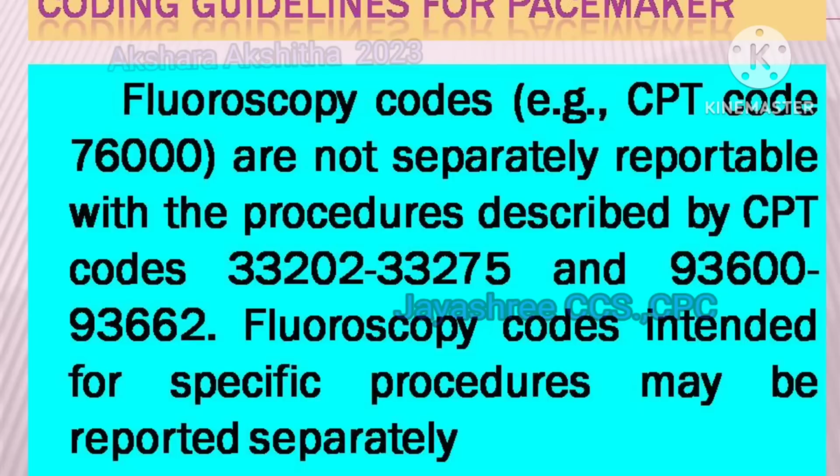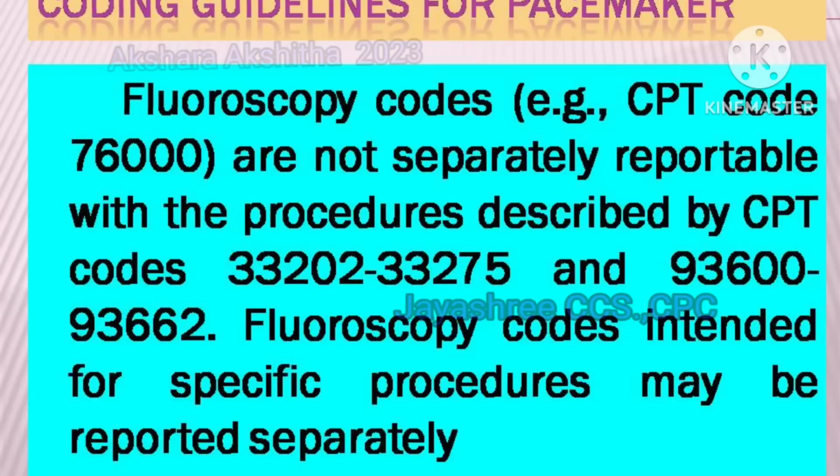Next point is fluoroscopy. Fluoroscopy code 76000 is not separately reportable with the procedures described by 33202, 33275 and 93600 to 93662. So this set of codes we cannot bill separately. If the fluoroscopy code is intended for a specific procedure, then we can code separately.